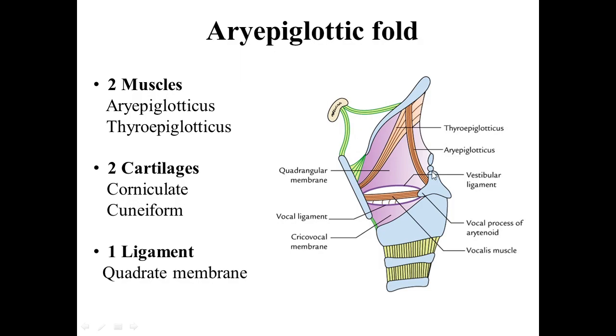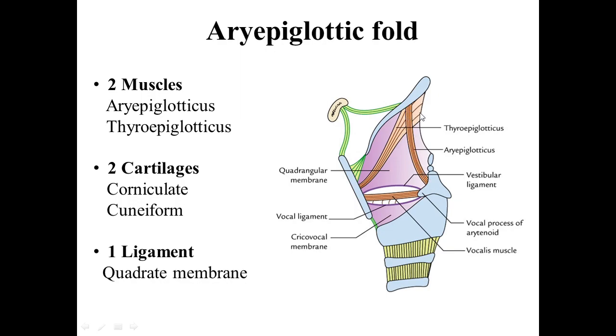Here this muscle is the aryepiglotticus, which extends from the arytenoid cartilage to the epiglottis. And the thyroepiglotticus, from the thyroid angle to the epiglottis. So this aryepiglottic fold contains two muscles.